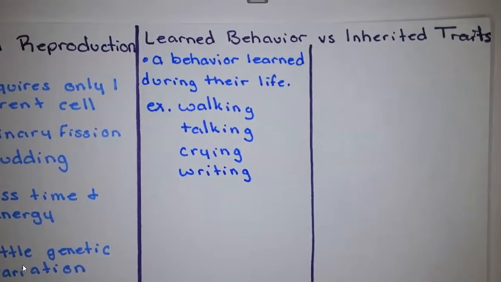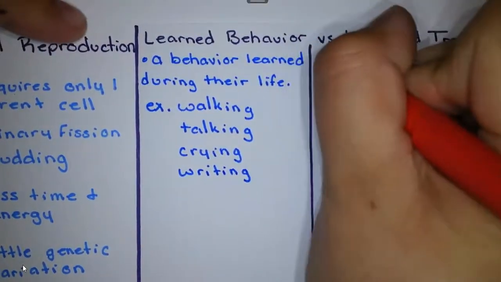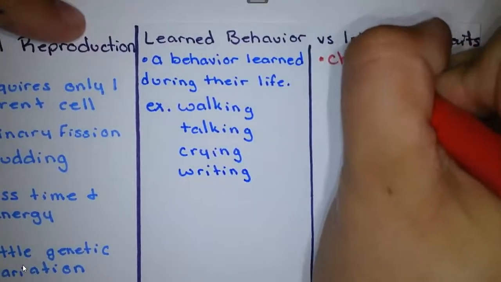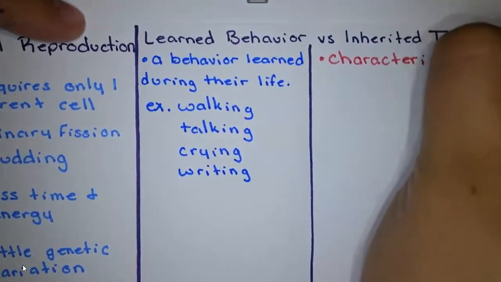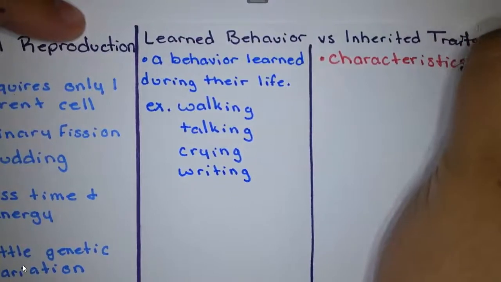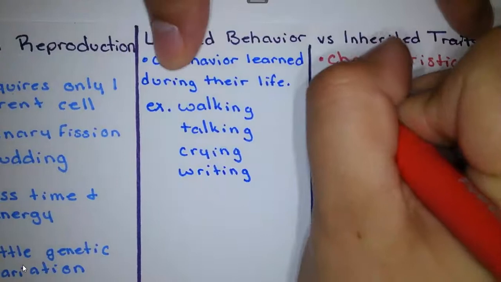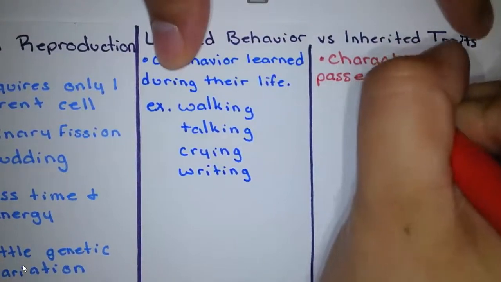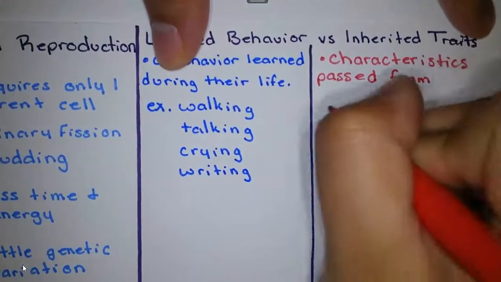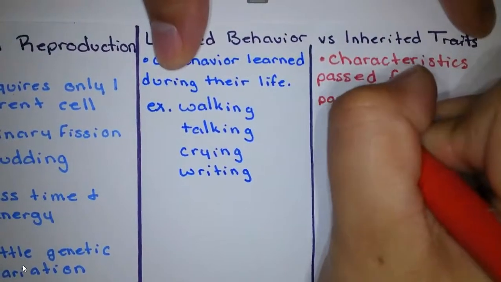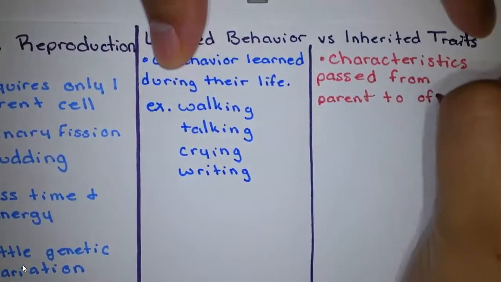Now, for inherited traits, those are going to be characteristics passed from parent to offspring.